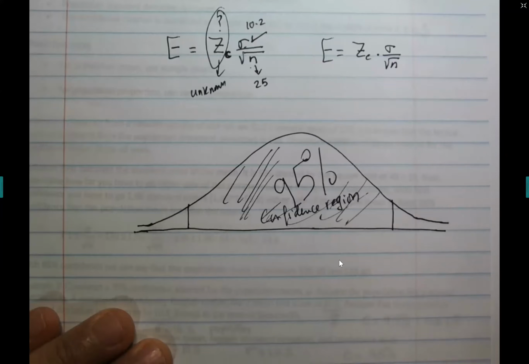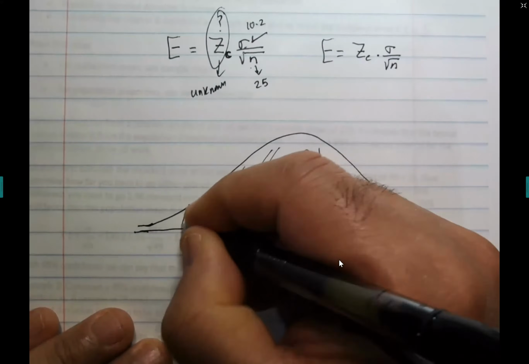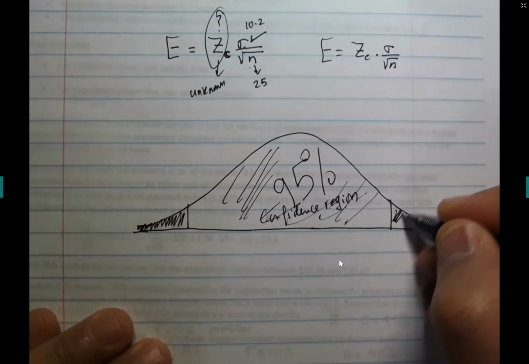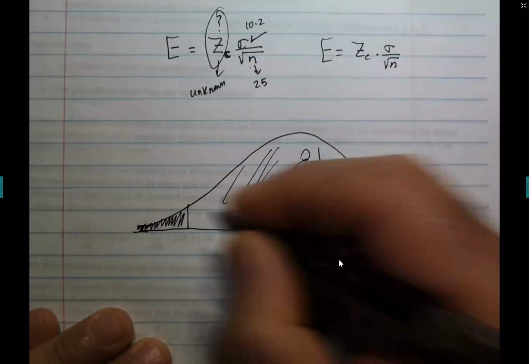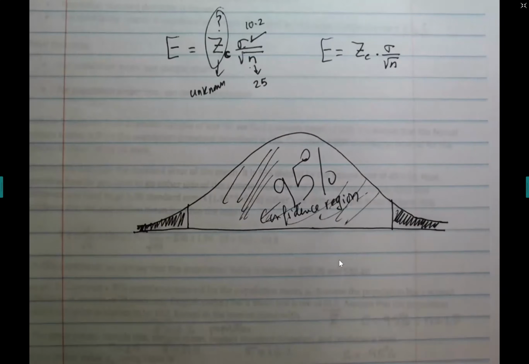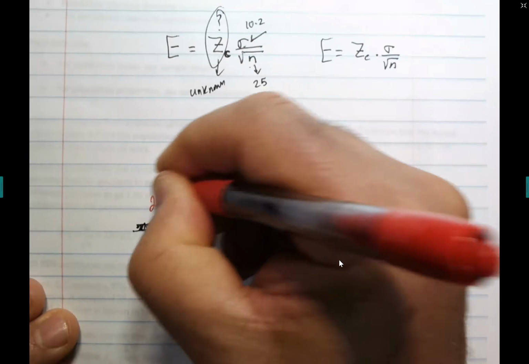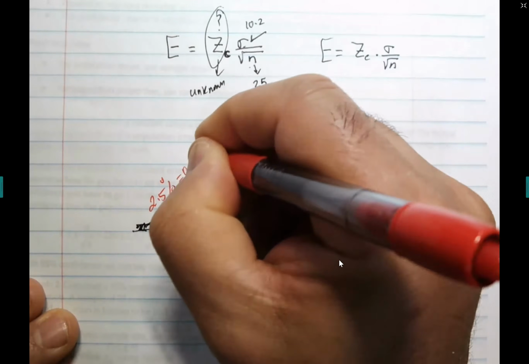And since this is a confidence interval, it has a lower bound and upper bound. That 5% is split on two sides, right here and right here. So what's the area right here, guys? 2.5%, which is 0.025 if you like.